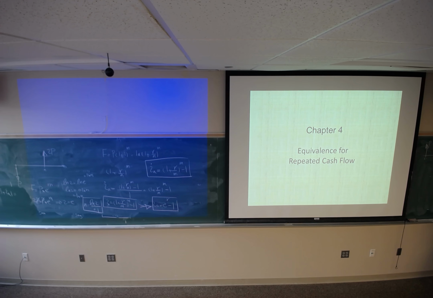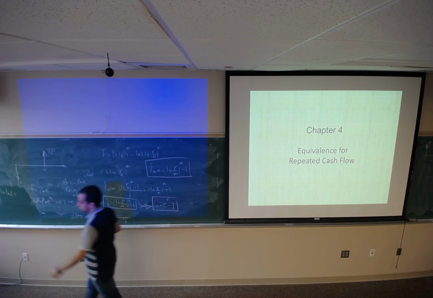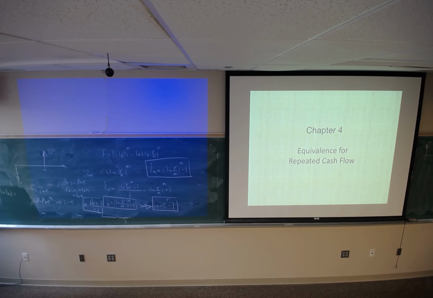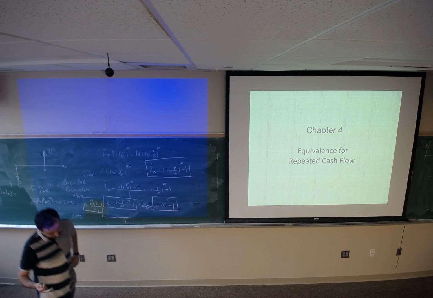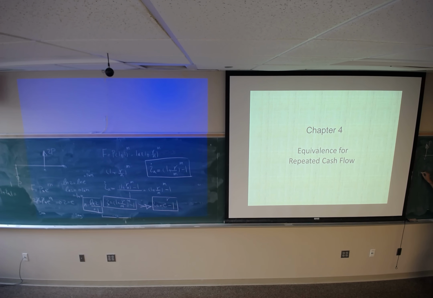What do I mean by repeated cash flow? When you go to get a mortgage to buy a house, for example, you are asking for 300K for the mortgage, and the bank is going to calculate your monthly payment, and it's going to be, for example, $1,400.